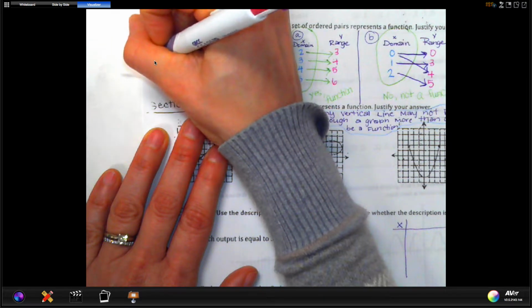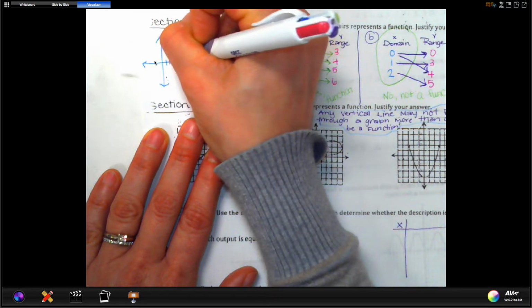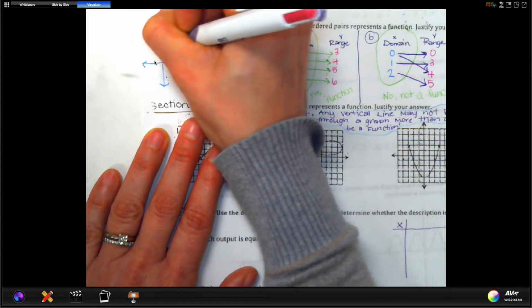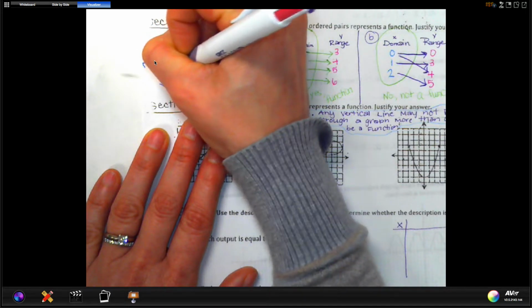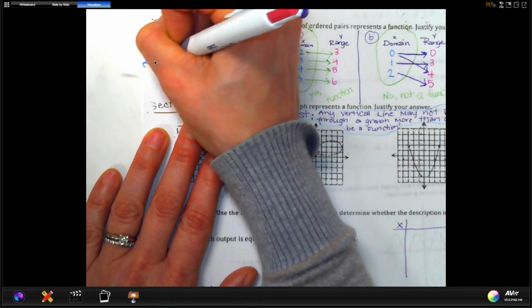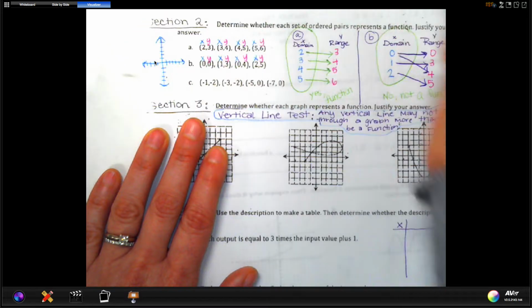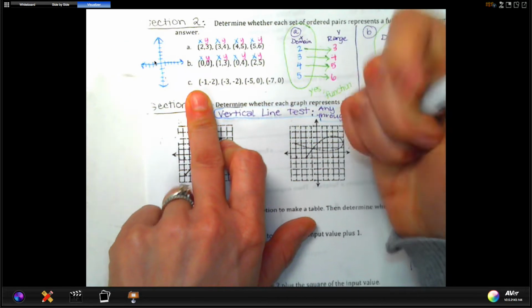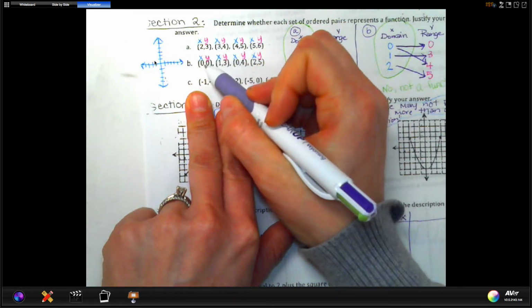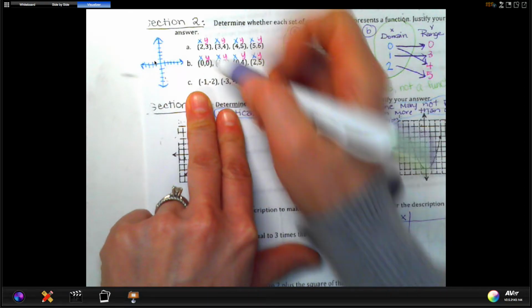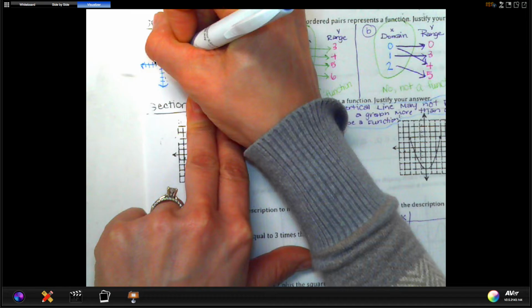We can make a little miniature graph. A 5 by 5 is all you need. 1, 2, 3, 4, 5 on each axis. If we were to draw this graph and put all these ordered pairs on, (0, 0) is right in the middle. (1, 3) would be right 1 and up 3.